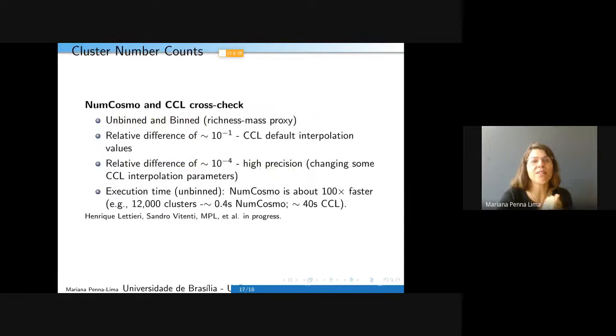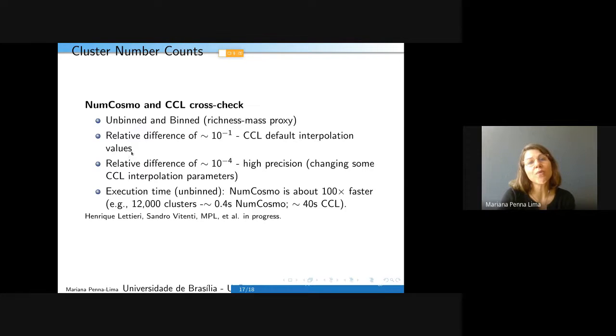I'm going to describe this here, where we compare the cluster number counts, we are performing this study, comparing and cross-checking NumCosmo and CCL. We are considering unbinned and binned likelihoods, where for now we are assuming spectroscopic redshift, but considering the richness mass proxies.